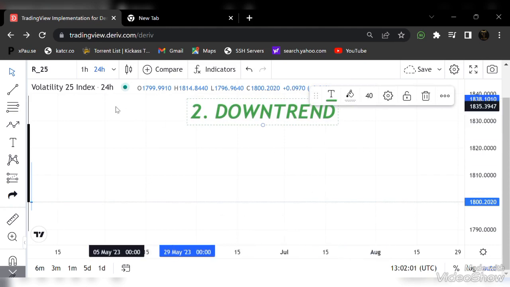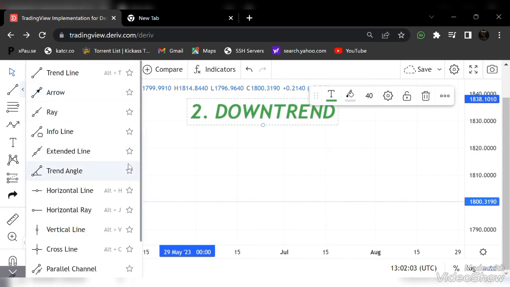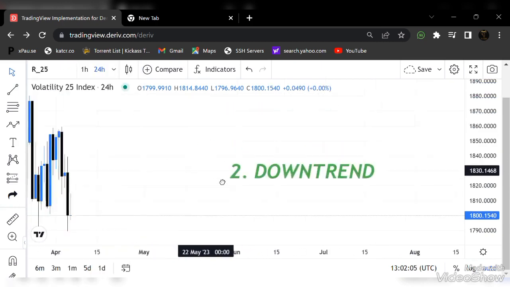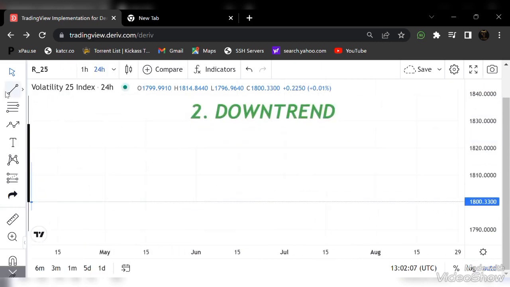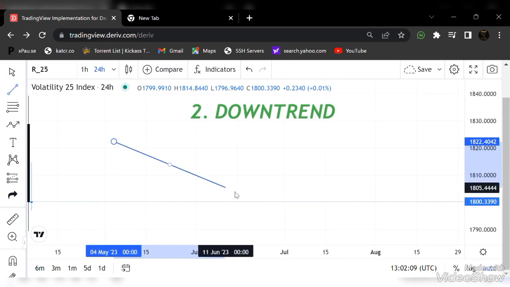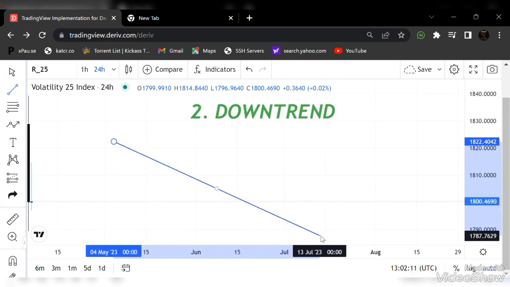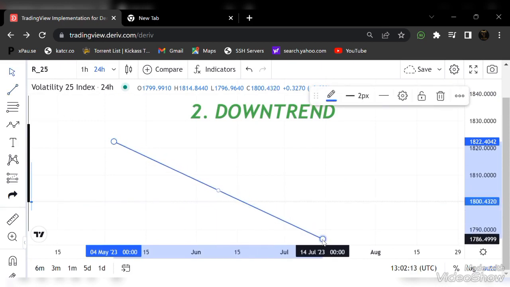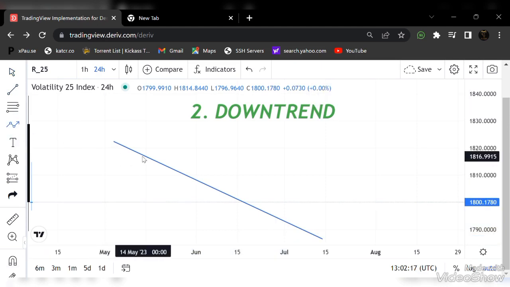Obviously the market will be moving downwards like this. So how do we identify that the market is in a downtrend?